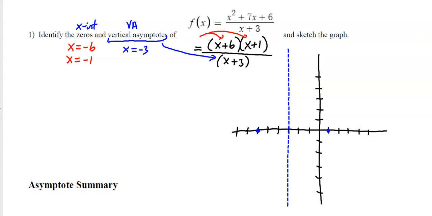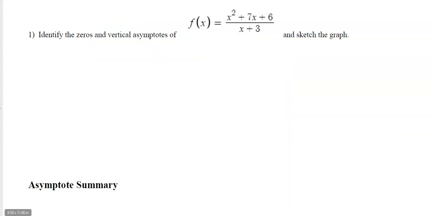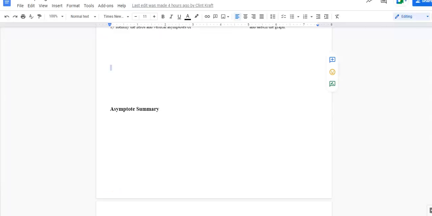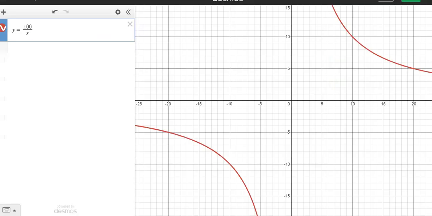And now after this, we're in a bit of a pickle. Not really sure what this one looks like. So maybe now we go to Desmos. Let's check this one out. You could either put the original equation on top, or you could put the one on the bottom. I'm going to do the bottom one. x plus 6, x plus 1 over x plus 3. So let's go.